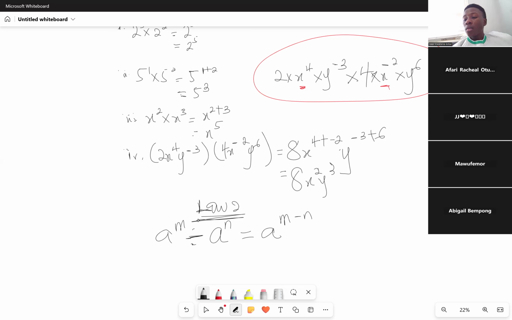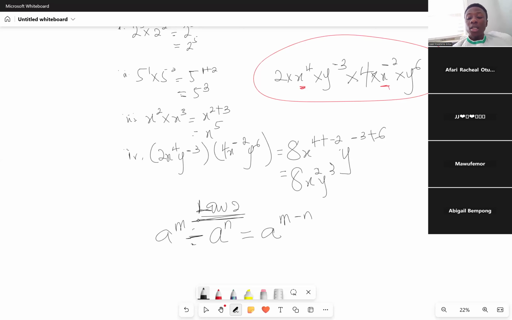Sir, please, can you go over the second law? Yeah, so I'm trying to say that when you have a term with a power, dividing the same term with a power, the power can be the same or different. The emphasis is on the b's. A term dividing same term. Because it's one term, pick one of them and then subtract the powers.